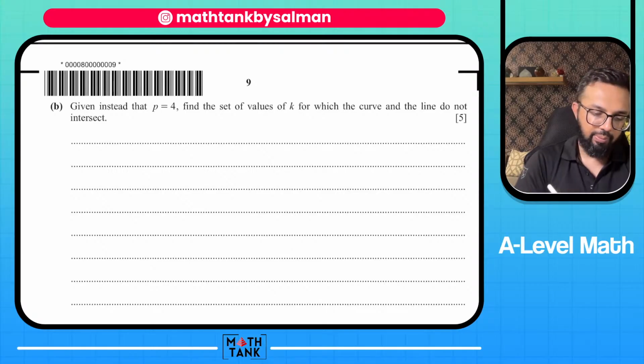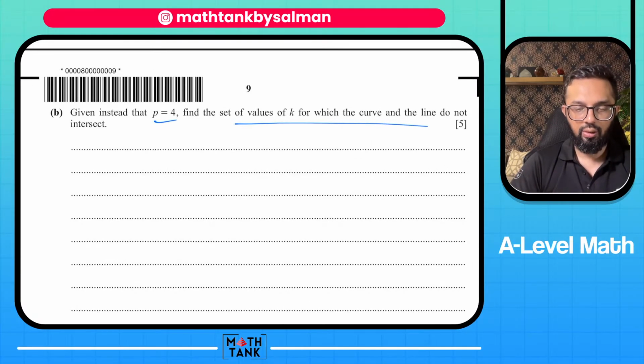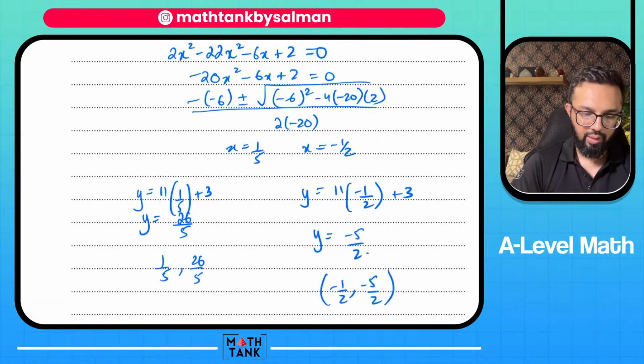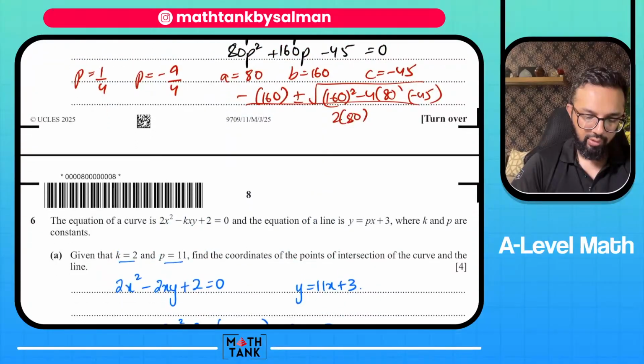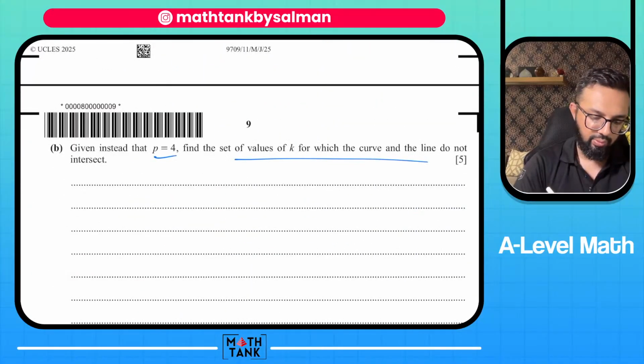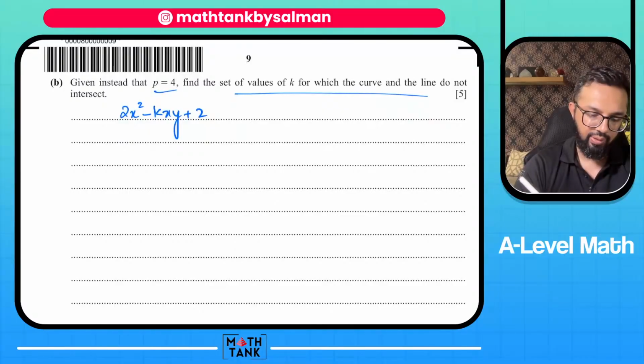Okay, given instead that p equals to 4, find the set of values of k for which the curve and the line do not intersect. Equals to 4x plus 3. 2x squared minus kx 4x plus 3.